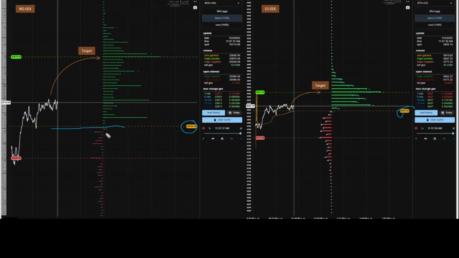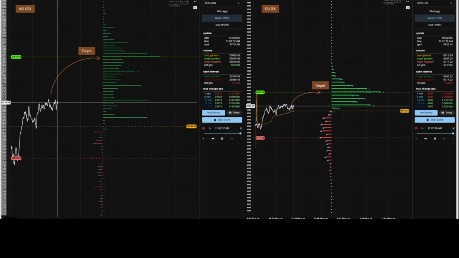Downside, you don't see big bars for put positions or negative gamma, but you see many bars here that need to be hedged or covered. Price will try to go here, here, and here, and try to hedge this position. Also here, price will try to go to the max Gex level, that is this.